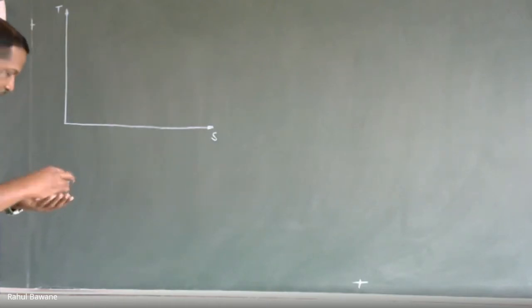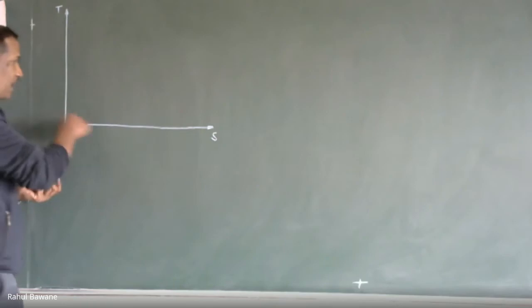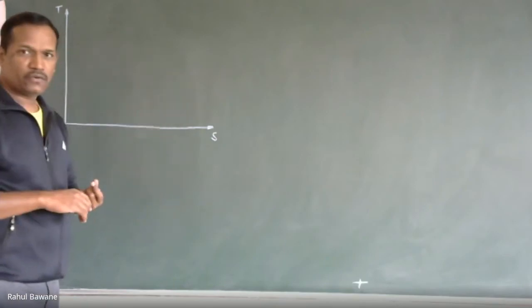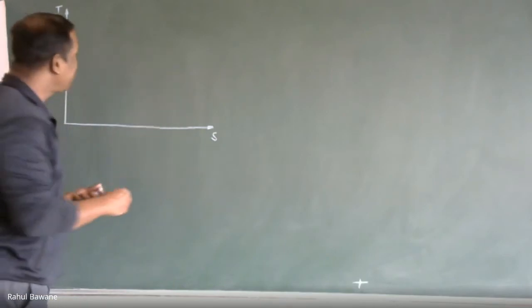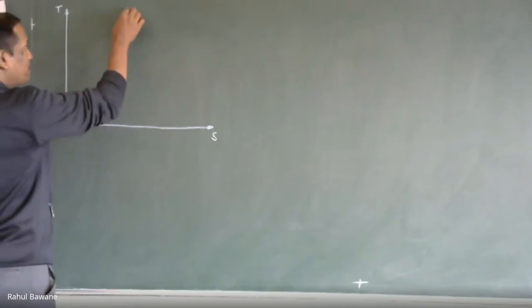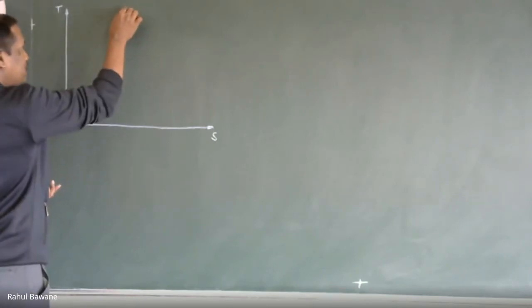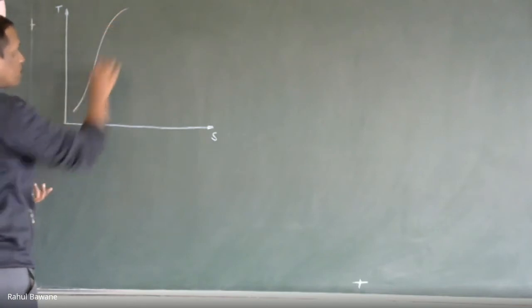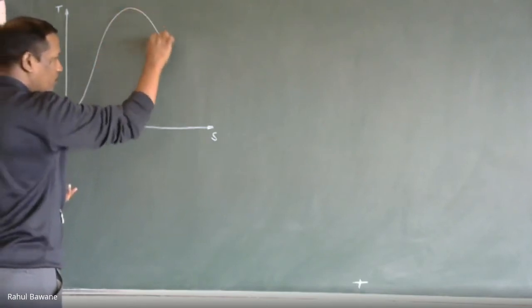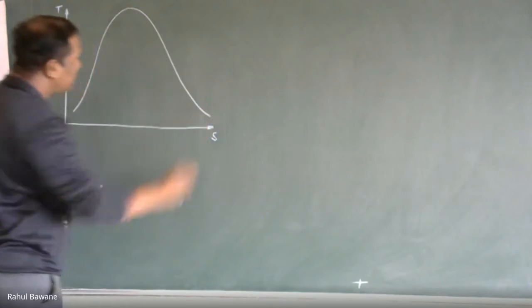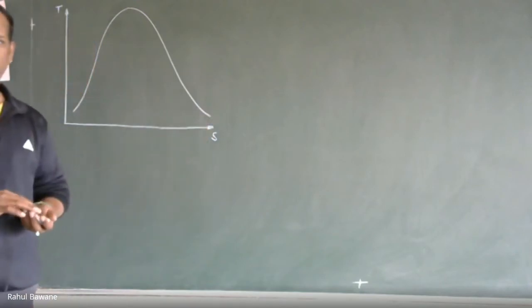In this, the graph shape we obtain is a bell shape. We always obtain such a shape, not exactly symmetric, but such a bell shape.